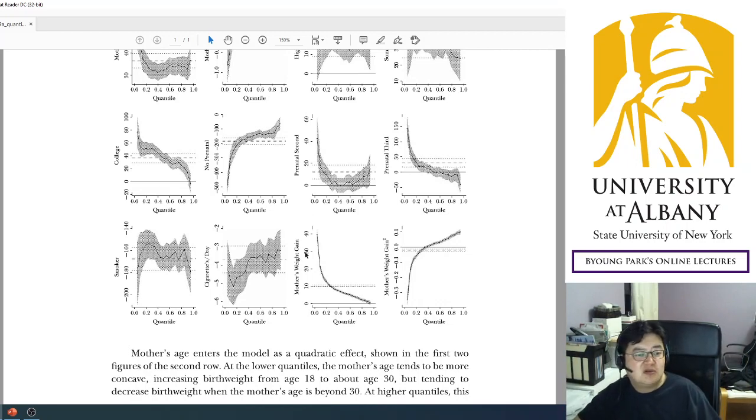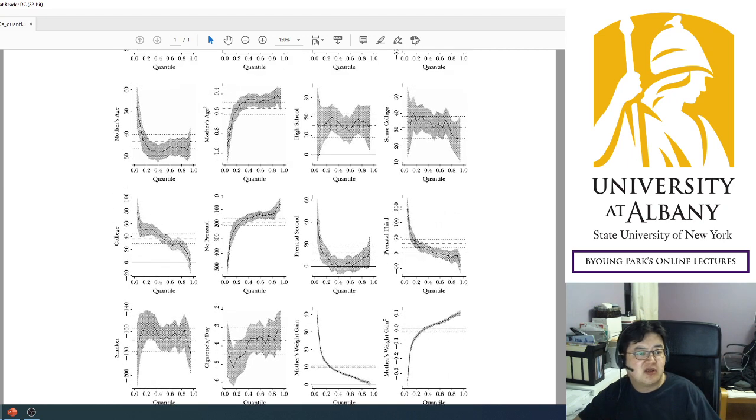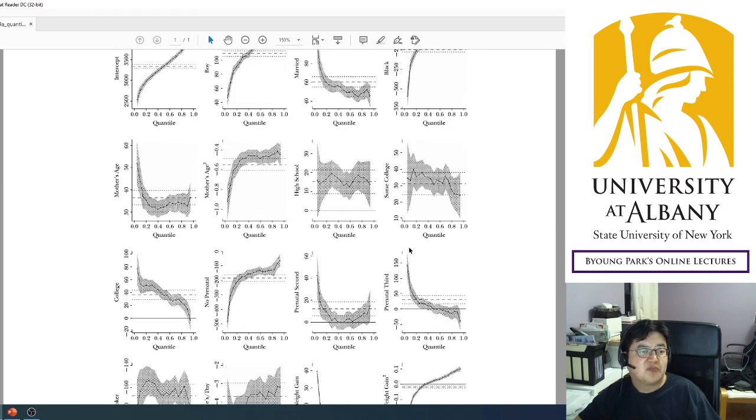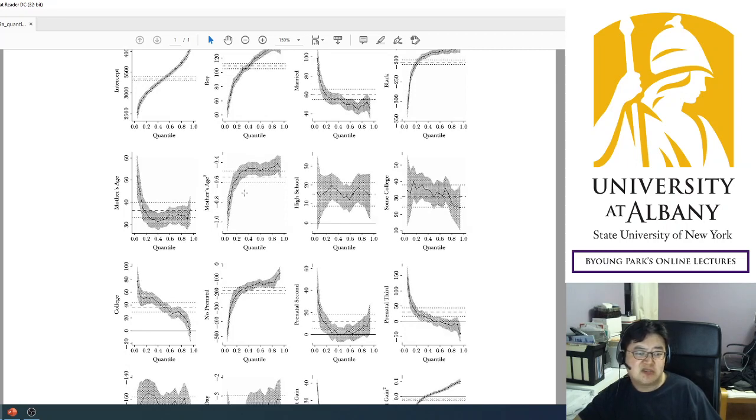But now, let's think about another interesting variable, say mother's age. So look at these two variables at the same time. Both are about mother's age. So let's ignore the square term, only look at this term.